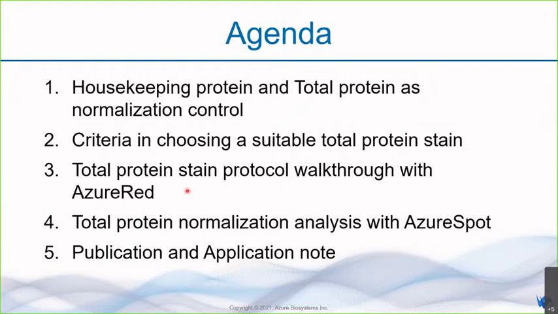Then we walk through the total protein stains protocol. I'll be using AzureRed, one of our total protein stains, as an example to explain this. And after staining and getting the total protein data, then how to normalize it and get valuable data out of it. I'll be using Azure Spot as an example, but I will briefly touch on how you can do it with ImageJ as well. And finally, examples in publications and also application notes.